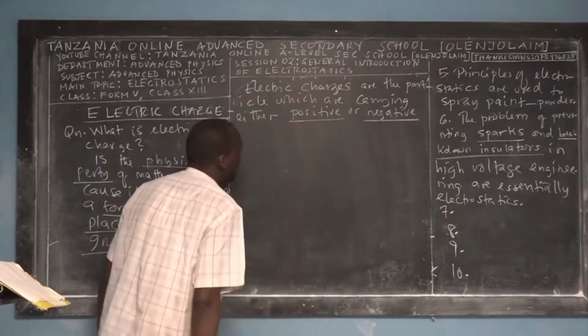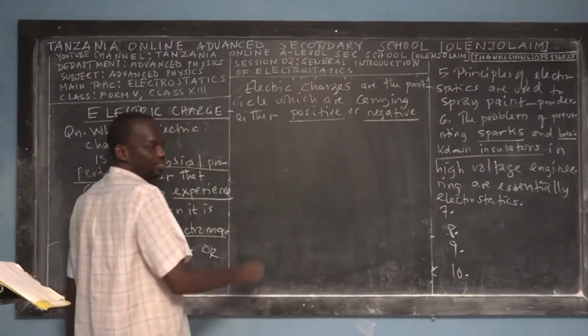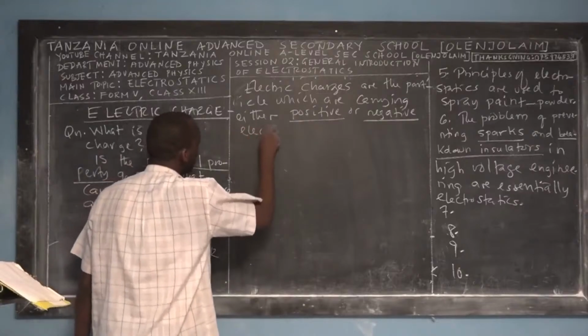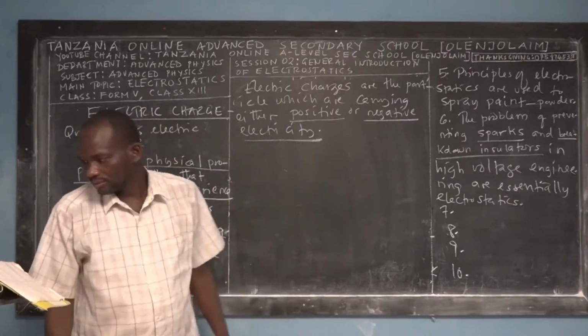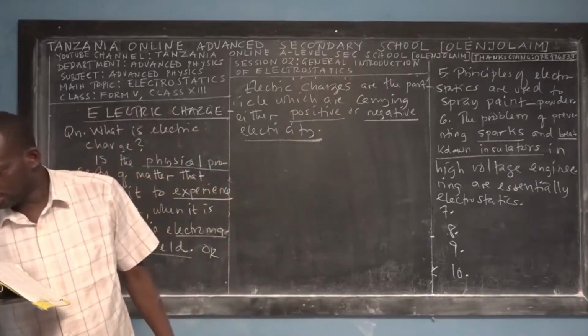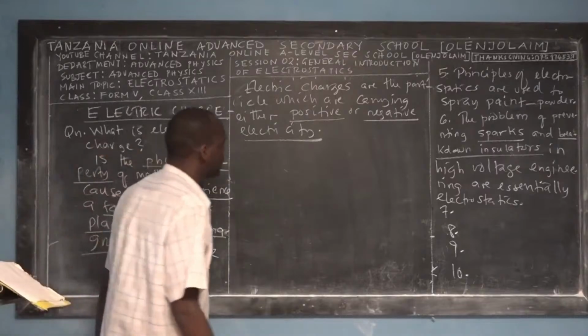So you have two types of electricity, positive or negative electricity.